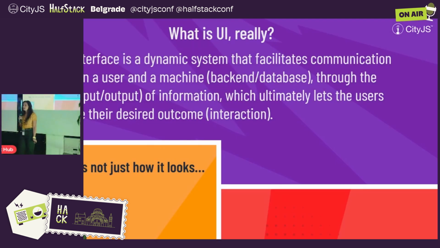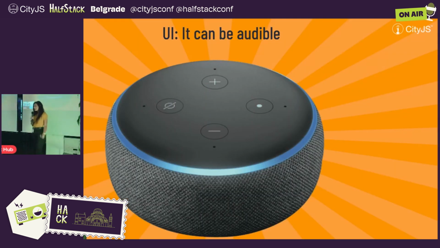I have pretty much the same question: what does a UI designer do? This is a little bit trickier because when people hear UI, they think it's all about buttons, colors, maybe typography, and that's it. Well, I'm here to tell you that it's not only that. For example, this is UI.